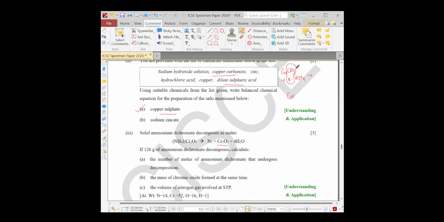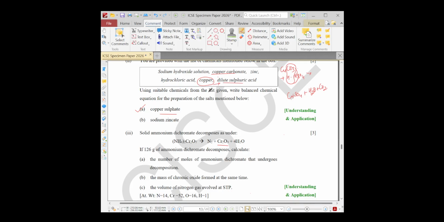So you will get CuSO4 plus H2O plus carbon dioxide. So when you drop copper carbonate in sulfuric acid, you are going to get this. Now, is it possible to have copper and sulfuric acid?